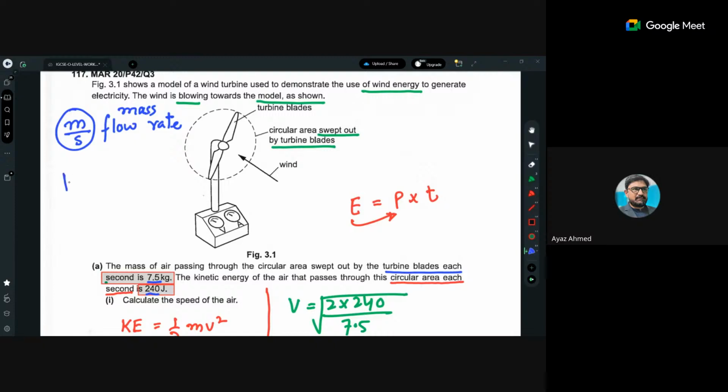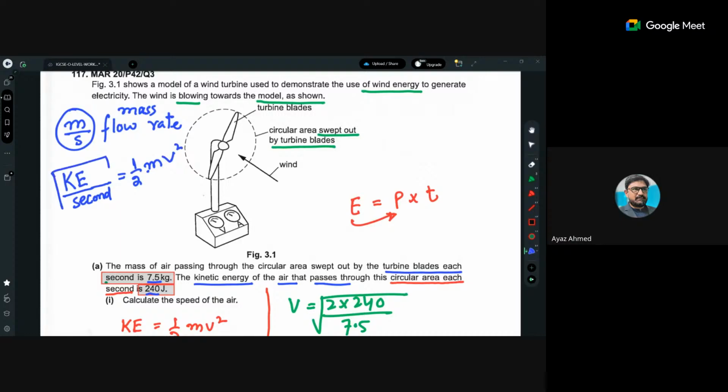So when you put that in the formula of kinetic energy, he has given kinetic energy per second, not kinetic energy simply. If you see the statement: the kinetic energy of the air that passes through this circular area each second. Time is given there. So kinetic energy per second is given to you, and then you write 1 upon 2 mass into velocity square.